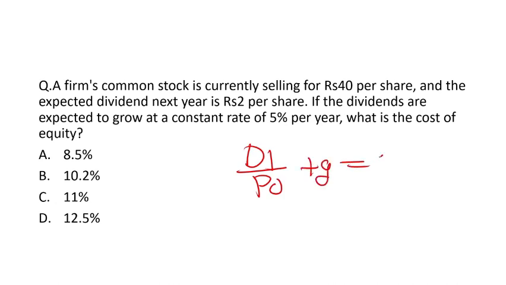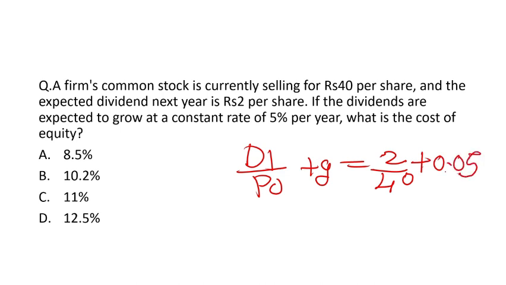Now first we have to check the values, where they are. So selling for 40 rupees, then 2 by 40, as the expected dividend is 2, and the growth rate is 5%, so you add 0.05 here.